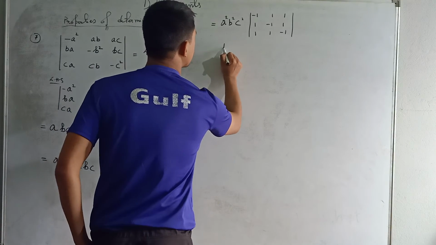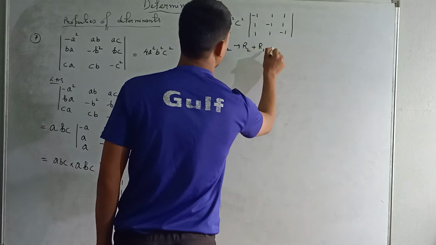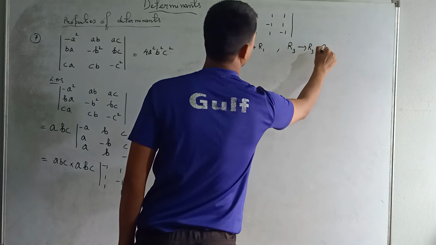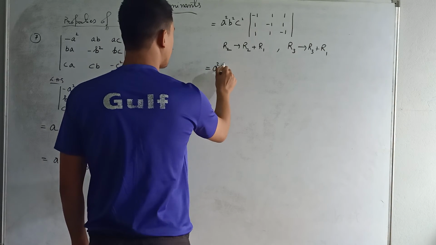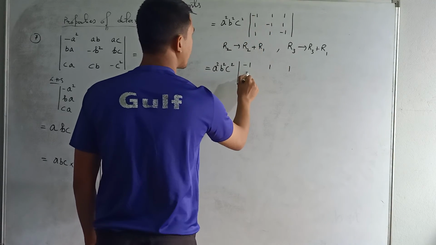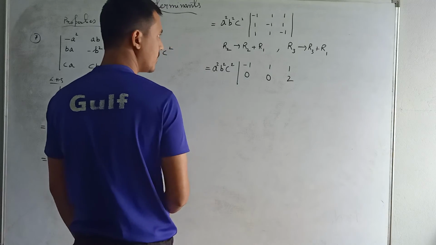So what I'm going to do is, to row 2, you add row 1, and to row 3, you add row 1 again. Okay? Then, a square, b square, c square, and minus 1, 1, 1; this becomes 0, this becomes 0, this becomes 2, right?